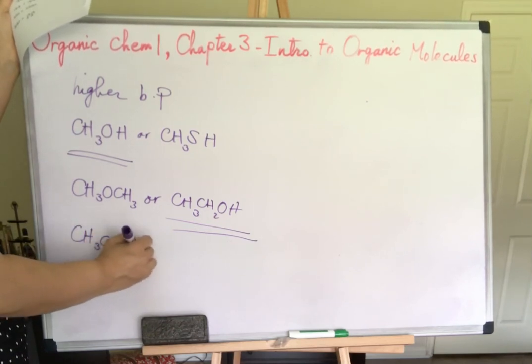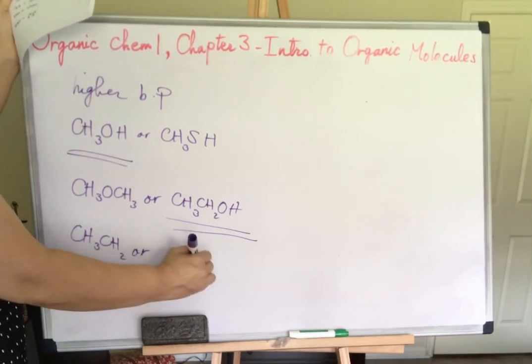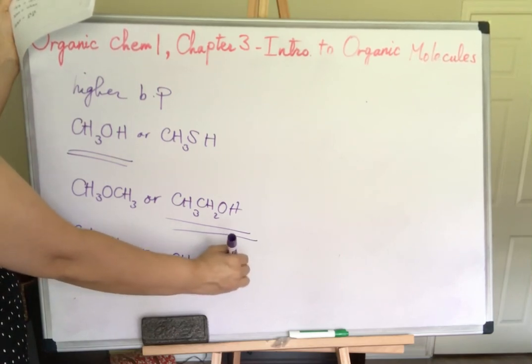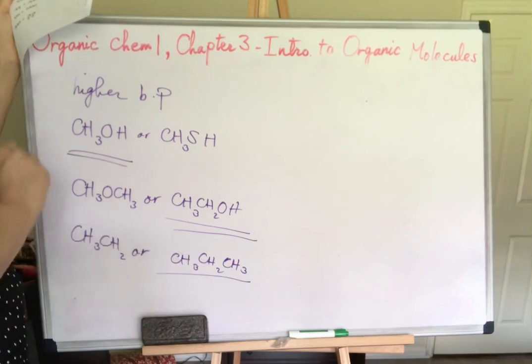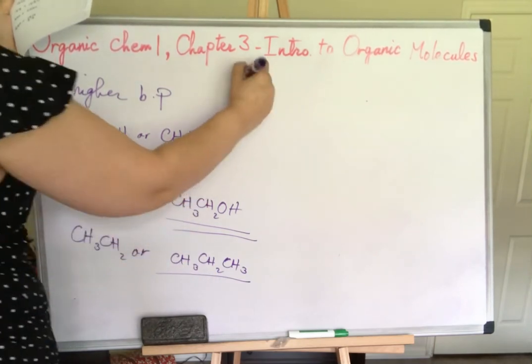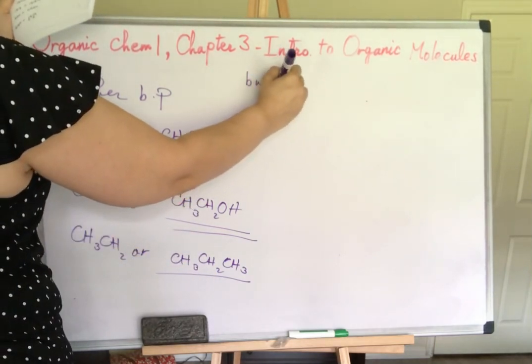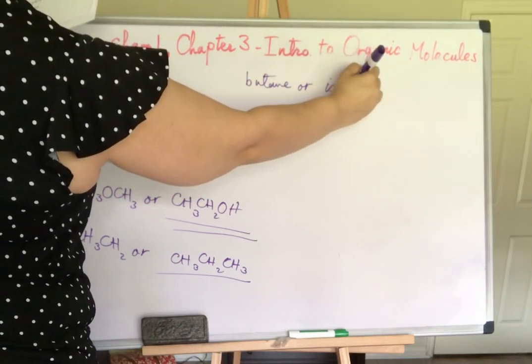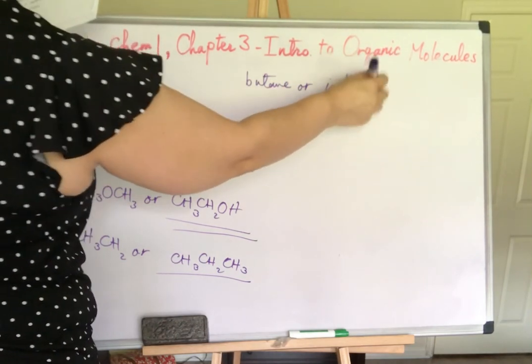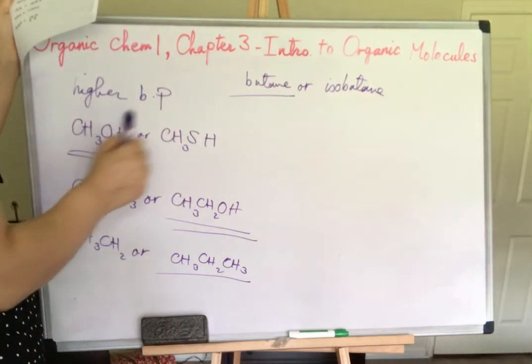So between CH3CH2 or CH3CH2CH3, which one? The longer chain, more intermolecular forces. Between butane and isobutane, what is the difference? Isobutane has more branches, right? So the solubility decreases.